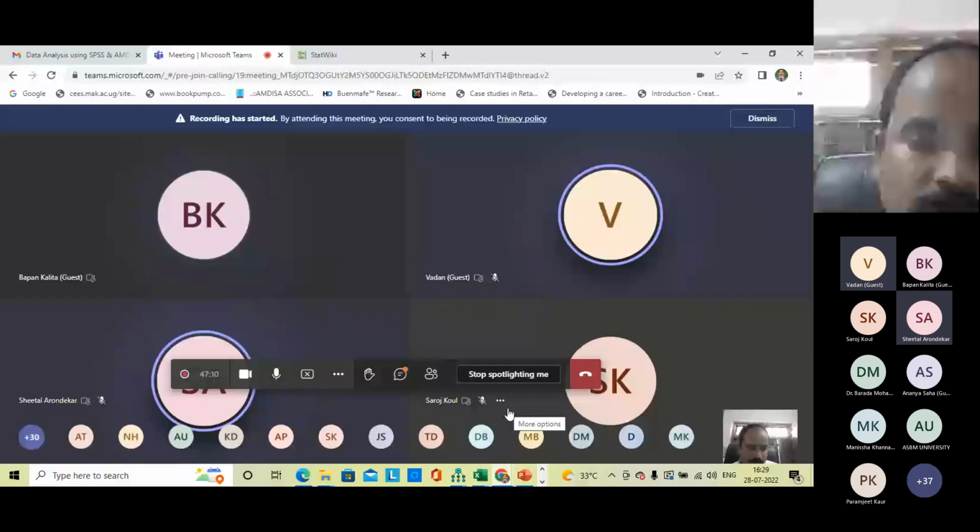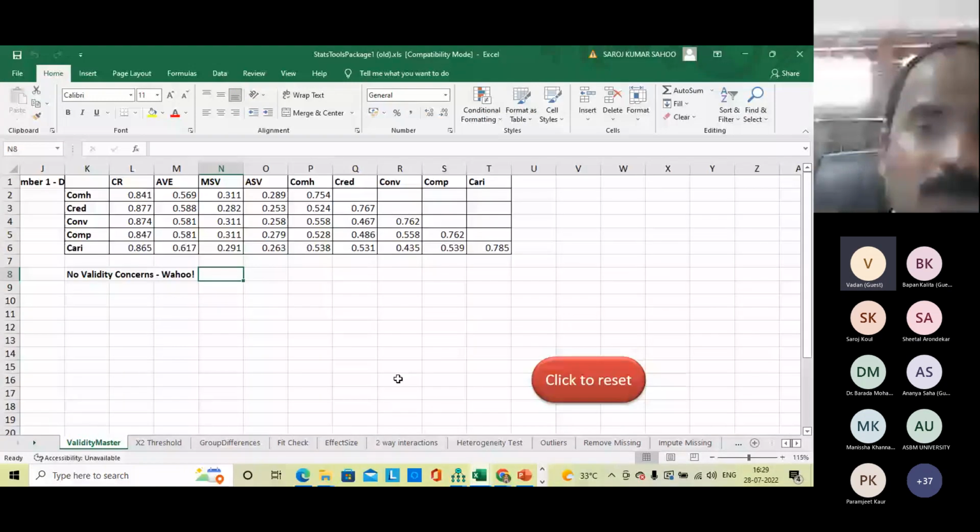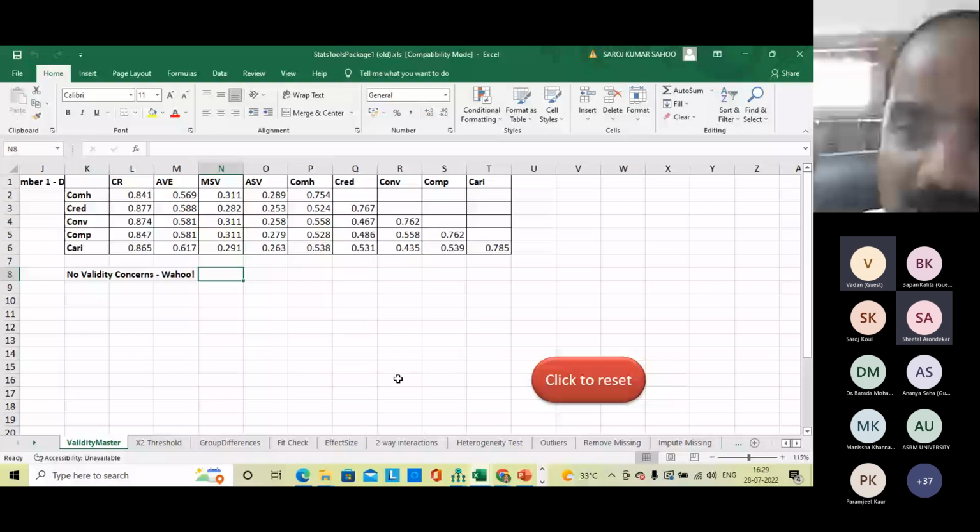No. So now come to the discriminant validity. What did I say about discriminant validity? Discriminant validity is how strongly, how satisfactorily, or how significantly the indicators, that is, the exogenous or independent variables, are discriminating any construct from the rest of the constructs.